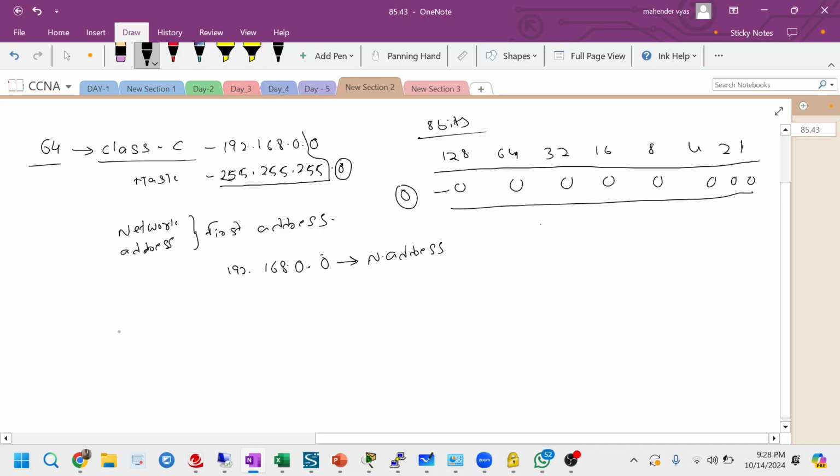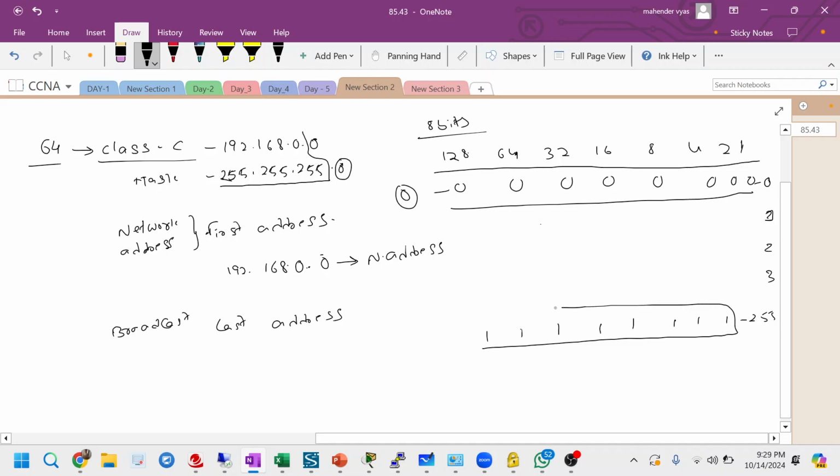Now what is the broadcast address? Broadcast is usually the last address. If you start from 0, then you go 1, 2, 3 till 255. When it will be 255, 1 2 3 4 5 6 7 8, it will be all ones, right?